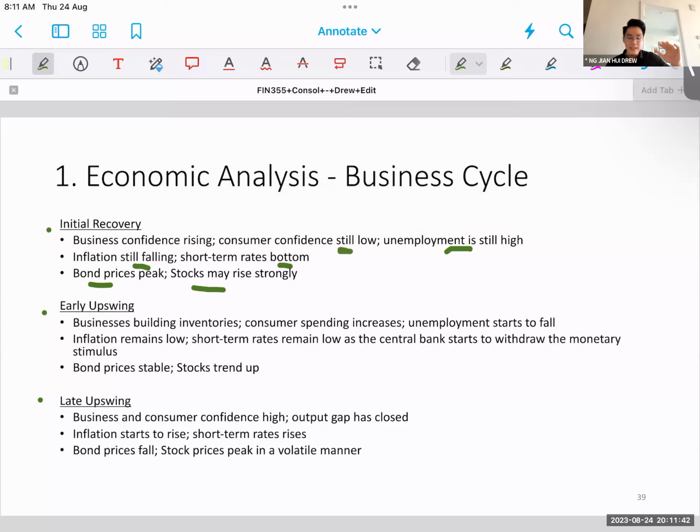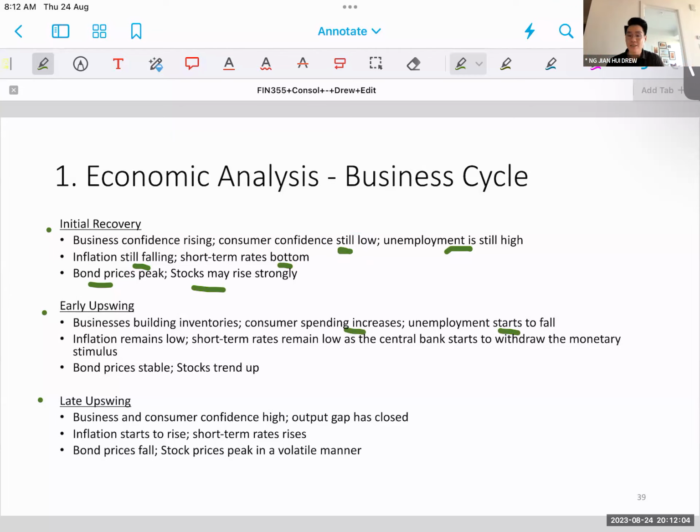But as the initial recovery goes to more of an early upswing, as you know, when markets are swinging upwards, unemployment starts to fall, consumer spending increases. Basically, the confidence of the consumer increases and things are on the rise, right?